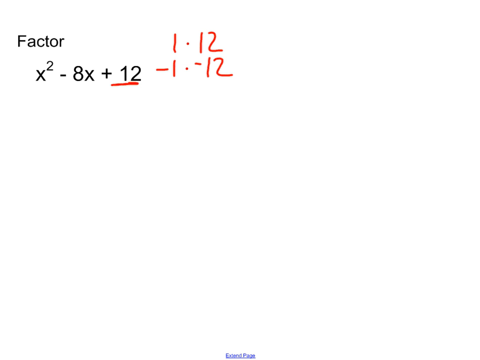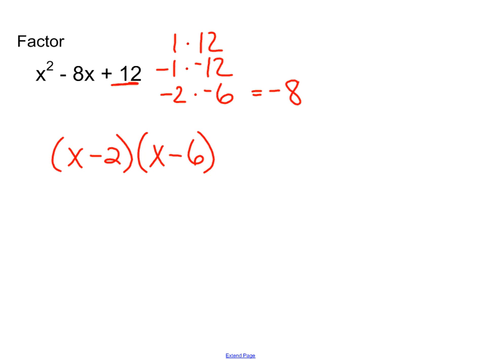I know I'm going to need a negative version, so I'm going to go negative 2 times negative 6, and negative 2 plus negative 6 is negative 8. So I've got my factors, so I can go ahead and create x, and it's a negative 2, so it's x minus 2, and parentheses x minus 6, and I have my two factors.